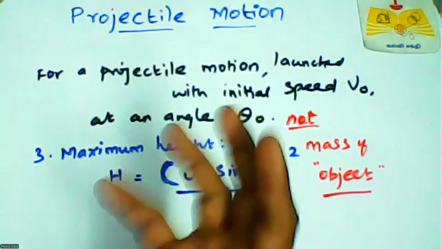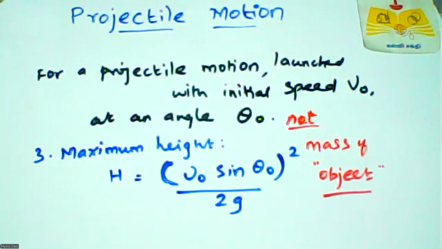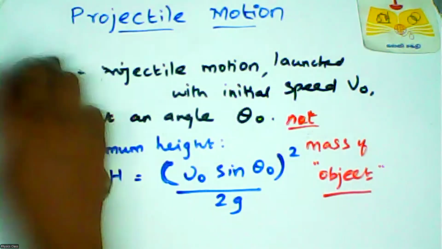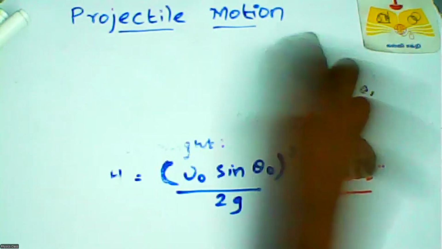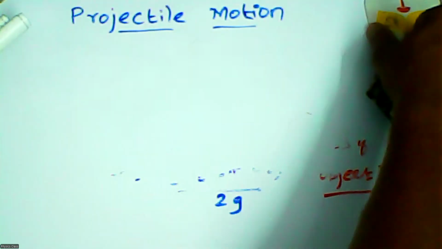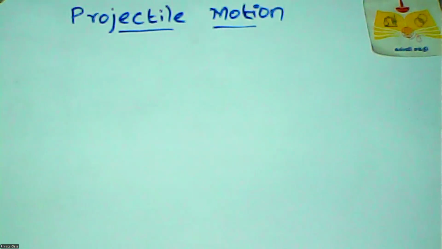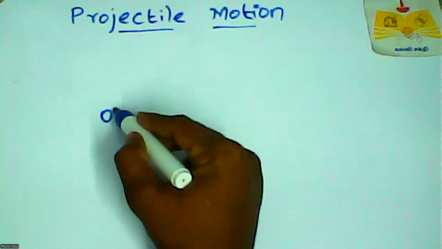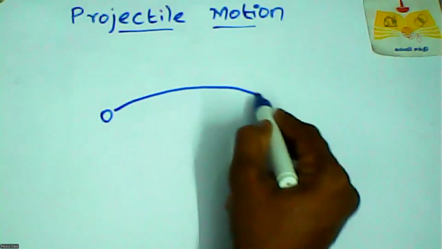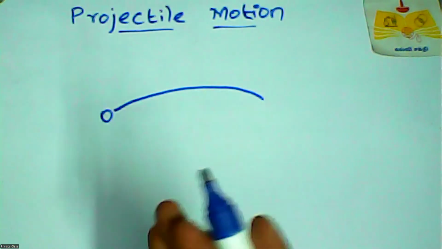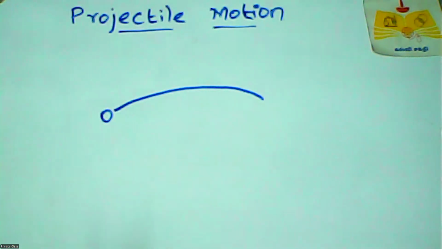Think of a basketball shot. The ball follows a parabola to the hoop, or artillery shells in history.